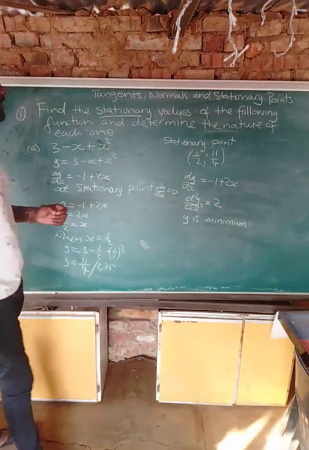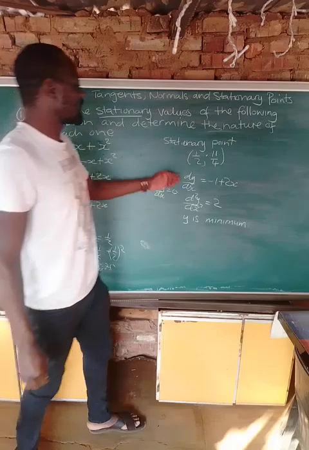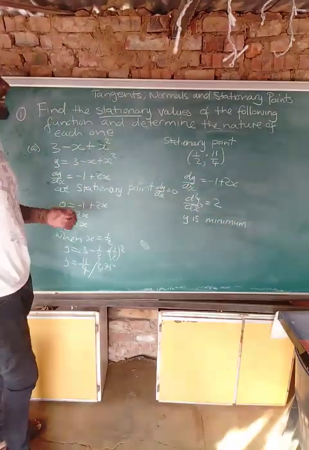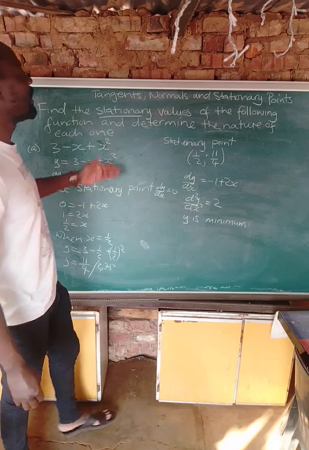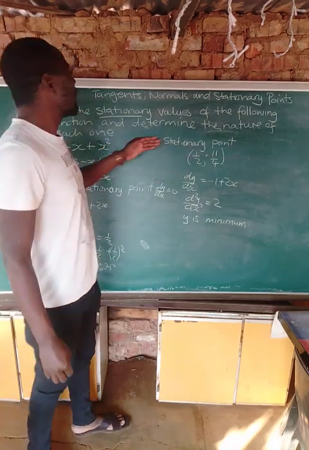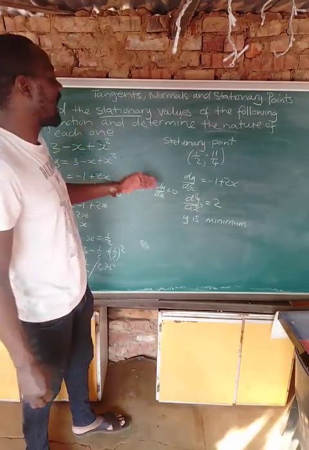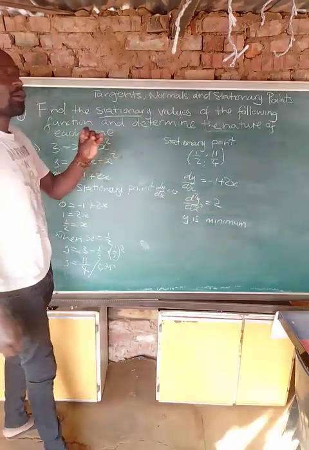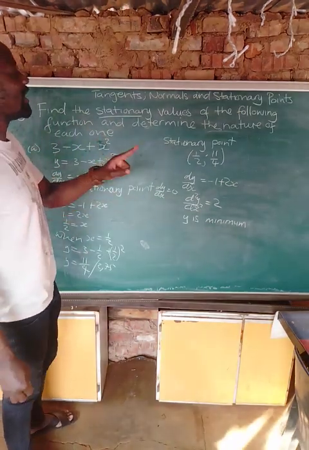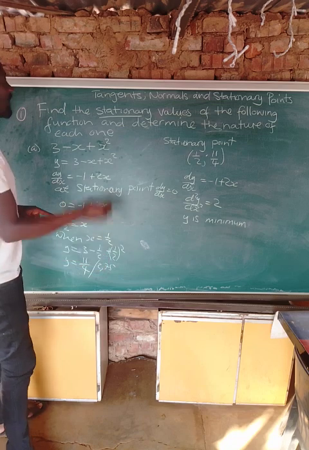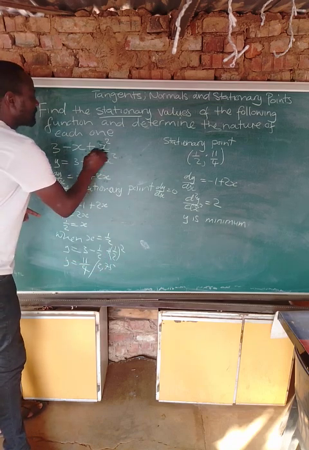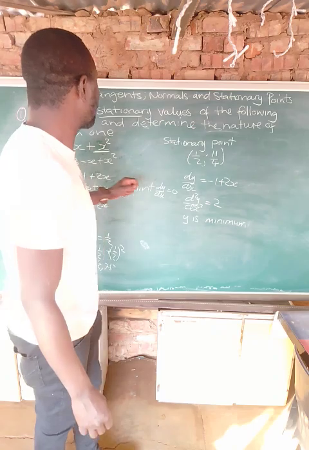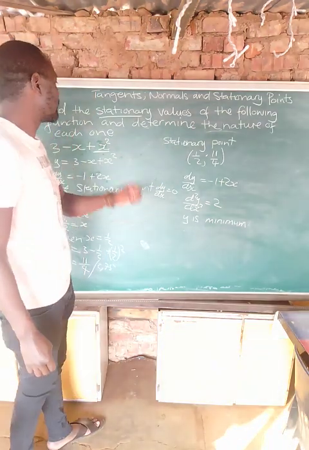So what I wanted you to observe, without wasting a lot of time working this: whenever you see that it's a quadratic equation, and you are told to determine the nature of the point, to find out if it is a minimum or maximum, you only need to check the coefficient of x squared.